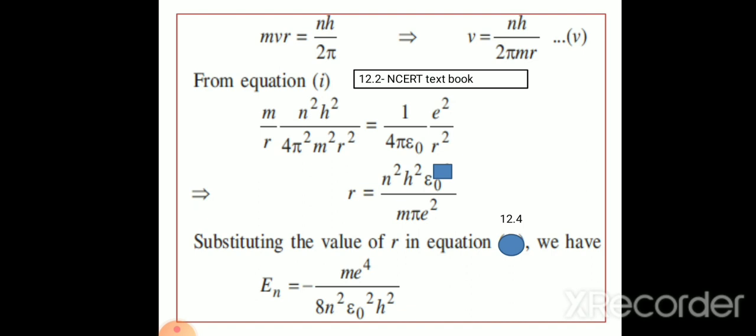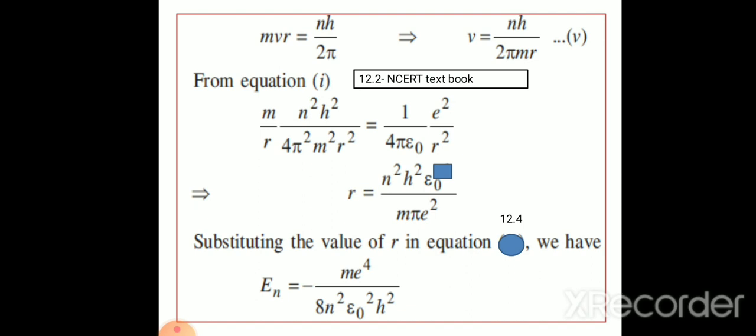Cancelling the common terms and rearranging the equation, we get the equation for r, which is the radius of the nth orbit, to be n square h square epsilon 0 divided by pi m e square.